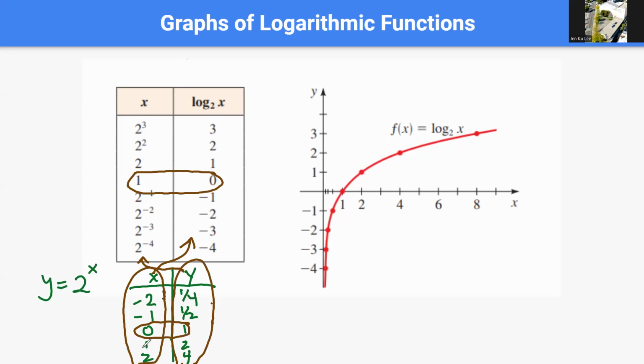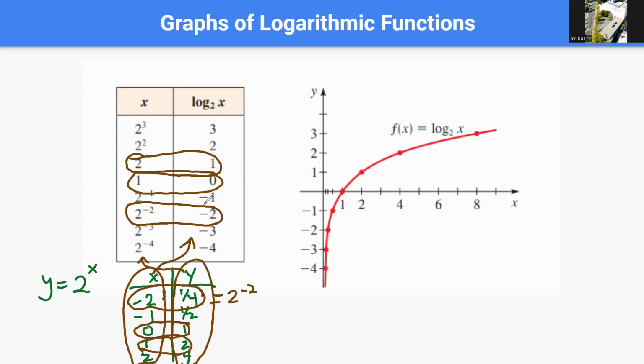Picking 1, comma 2. In my log function, it's going to be 2, comma 1. Negative 2, comma 1/4. 1/4 in this table of values is 2 to the negative 2 power, right here. So there's just 3 examples of where the x and y of your exponential just flipped.